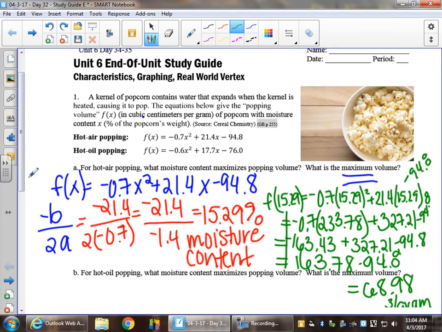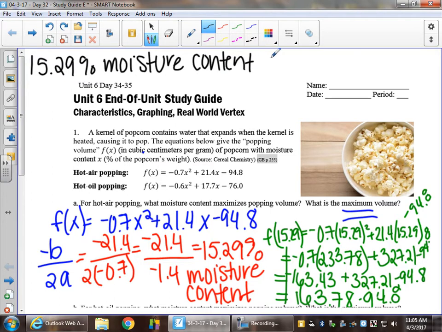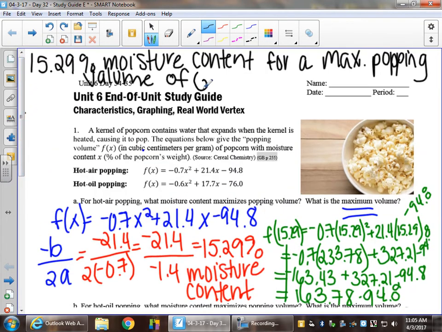Now, to take all of this information and write it in a sentence, if you don't know how to do this, pay attention: 15.29% moisture content for a max popping volume of 68.98 centimeters cubed per gram.